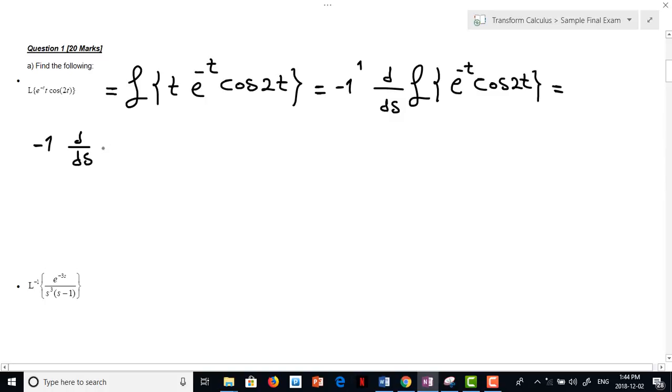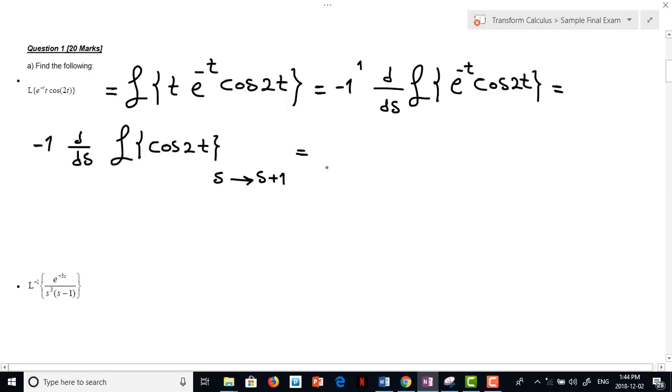So I can use the first translation theorem. I can say that it's equal to the Laplace transform of cosine 2t, but I have to replace s by s minus minus 1, so it's going to be s plus 1.